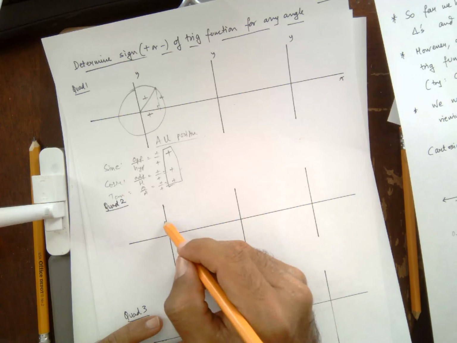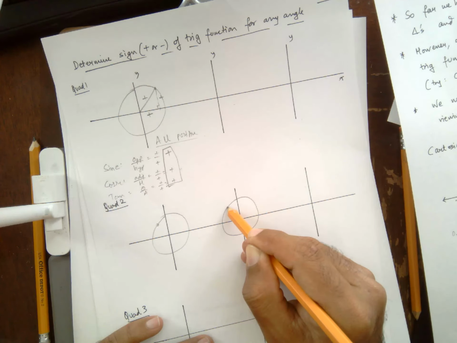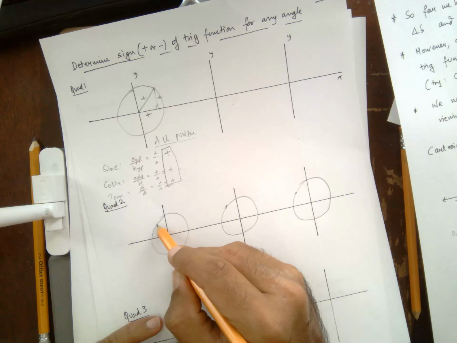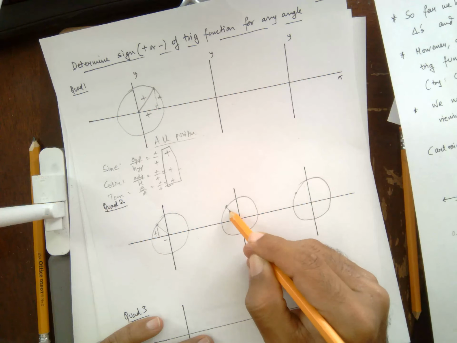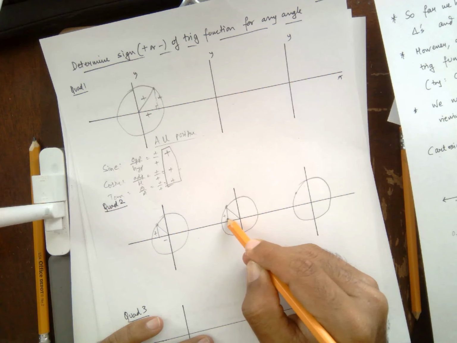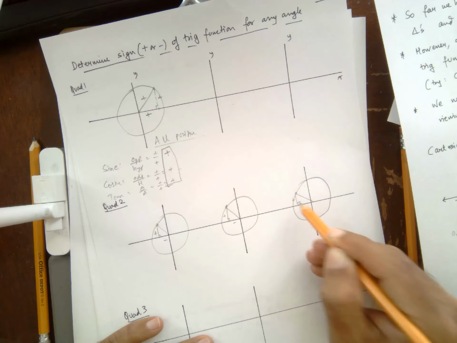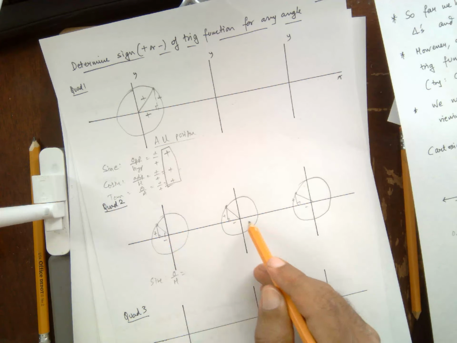Quadrant 2, so let's put a point here. Let me use the spaces I've created here. This is negative, positive, negative, positive. So sine, opposite over hypotenuse, so that's my angle, right?